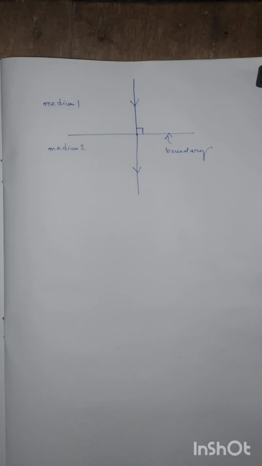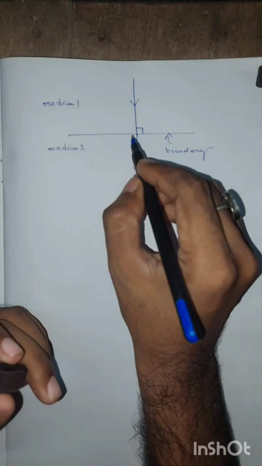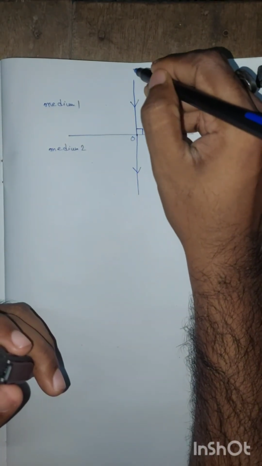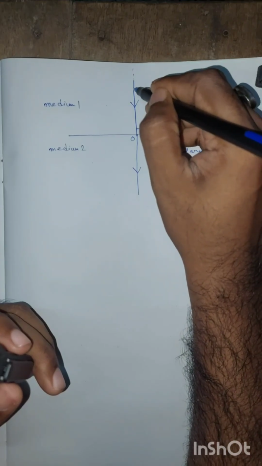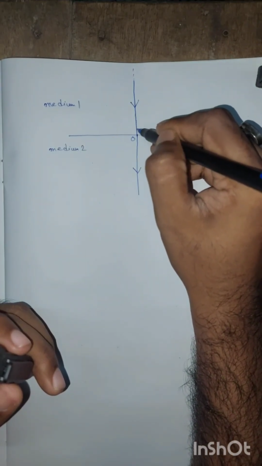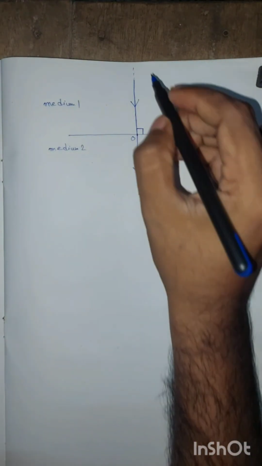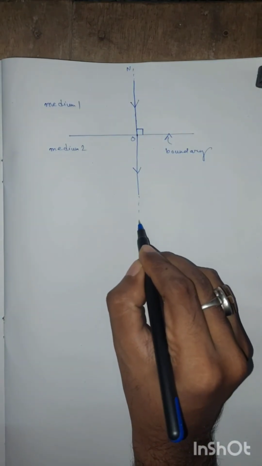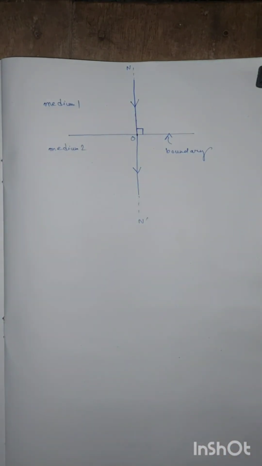In this case we can see this is our point of incidence and this is our normal. Okay, this is our normal. So we can see that the normal and the incident ray lie on the same line.